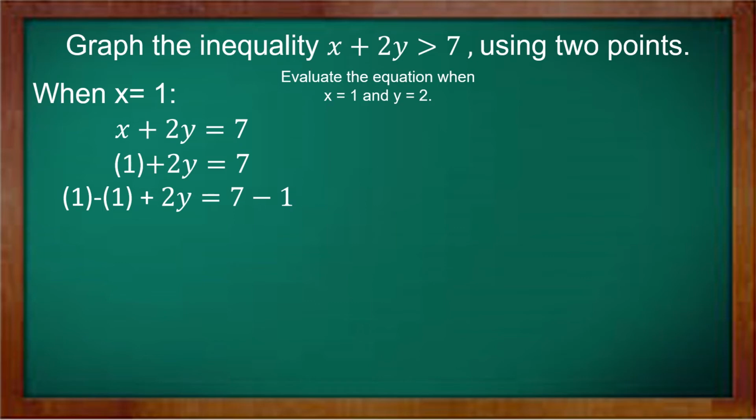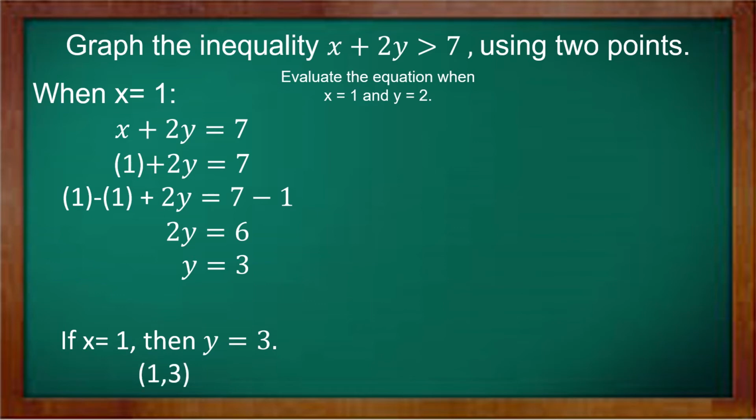We apply the additive inverse property, so we add -1 to both sides. It becomes 2y equals 6. From that, we apply the multiplicative inverse property and multiply the equation by 1/2, so y equals 3. Therefore, if x is equal to 1, then y is 3. So we have the point (1, 3).